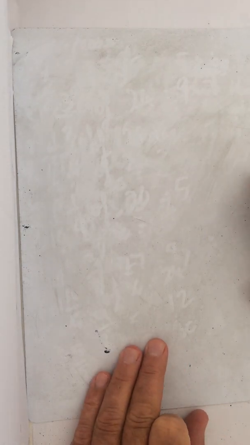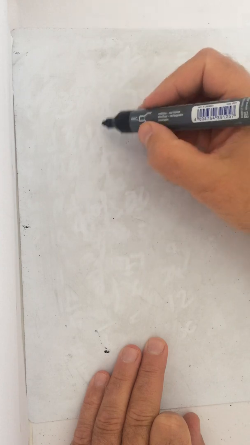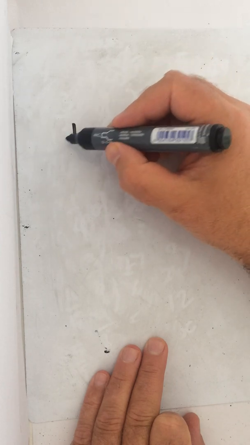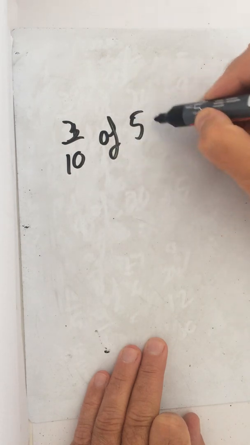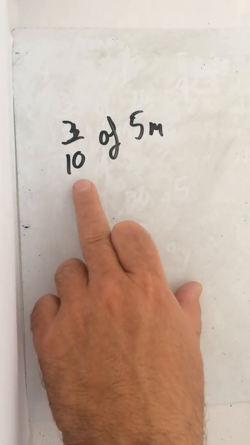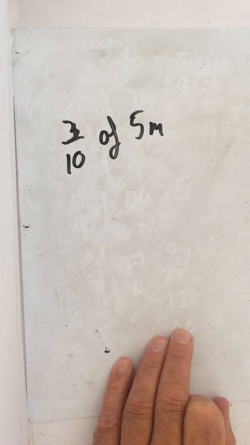You could have meters, so let's do one with meters. Let's do 3/10 of 5 meters. Now to find 1/10 of 5, it gets a little bit tricky. So what could I turn the meters into?